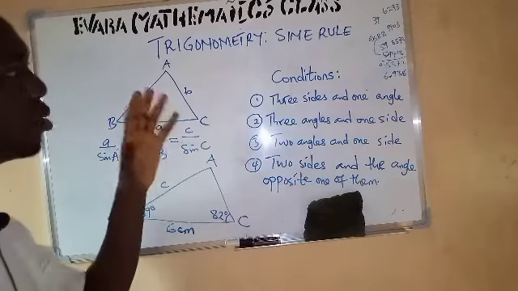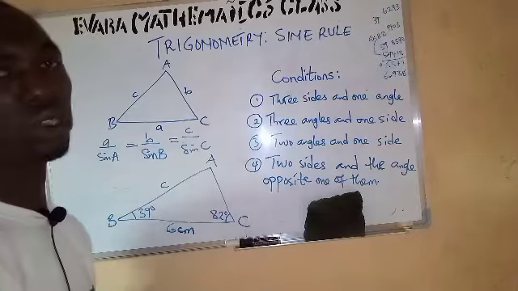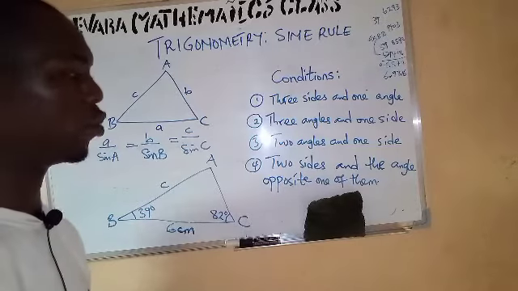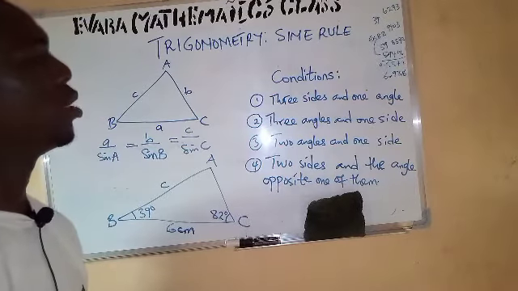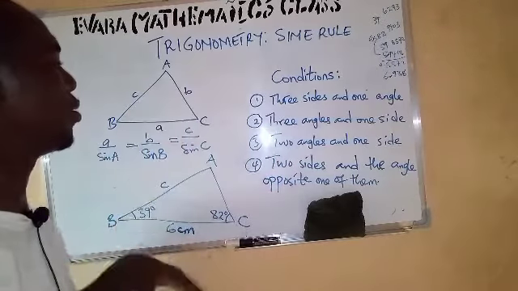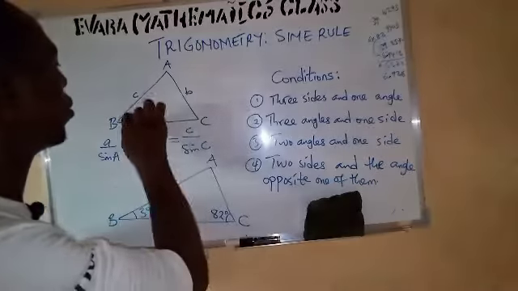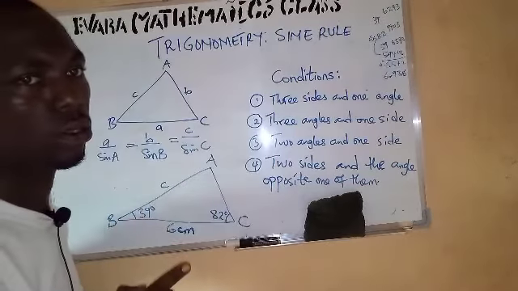Now, before you can decide to use the sine rule, we have some conditions that must be satisfied. One, if you are given the three sides, that is, we know the values of a, b, and c, and then one of these angles is given to us.